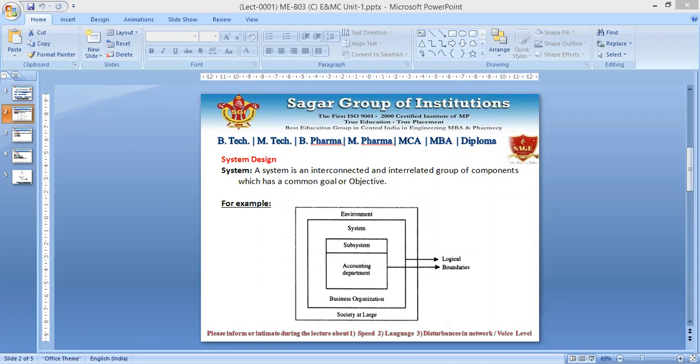Efficiency and effectiveness in each part of the system, with the understanding that actions taken in one part of the organization will definitely affect the other parts of the organization. For example, if we implement a strategy in the production department of a company, it will likely affect the other aspects of the company as well. Which are the others? Marketing, finance, personnel, that is HR department.